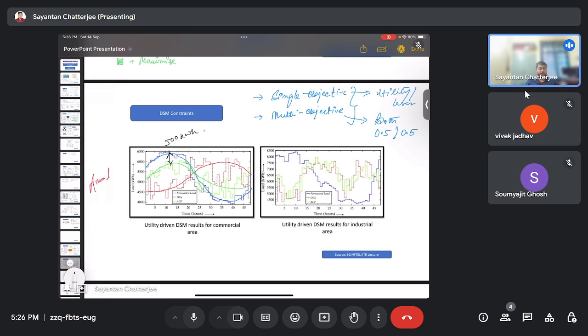Similar is the case for the industrial area. This is the generic load curve, and this is the targeted.